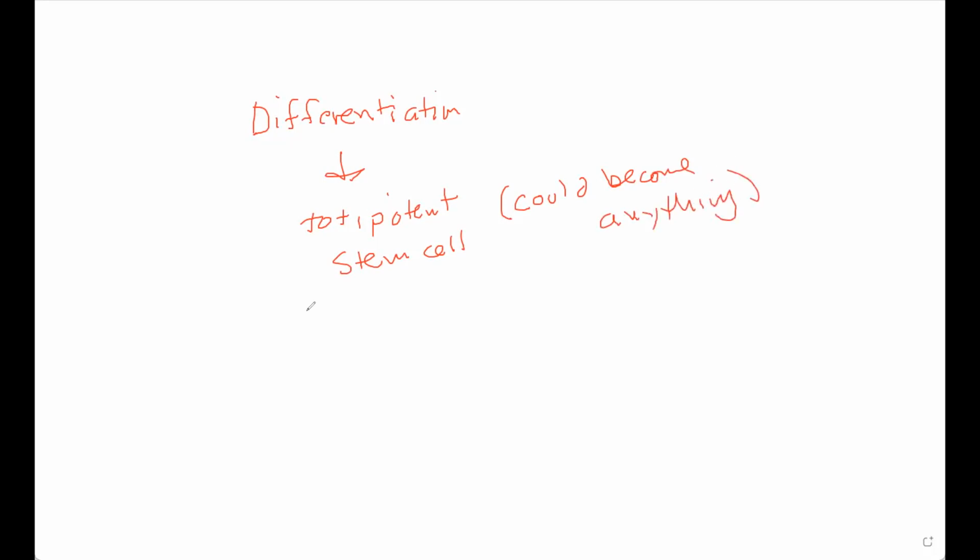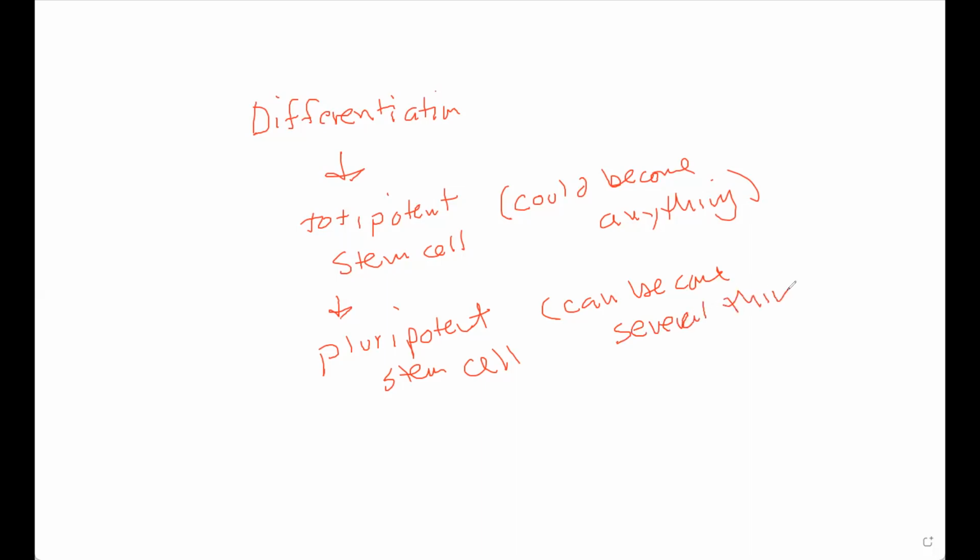Okay. Then it becomes a pluripotent stem cell. Can become several things. And then finally, it becomes a differentiated cell. Does one thing.